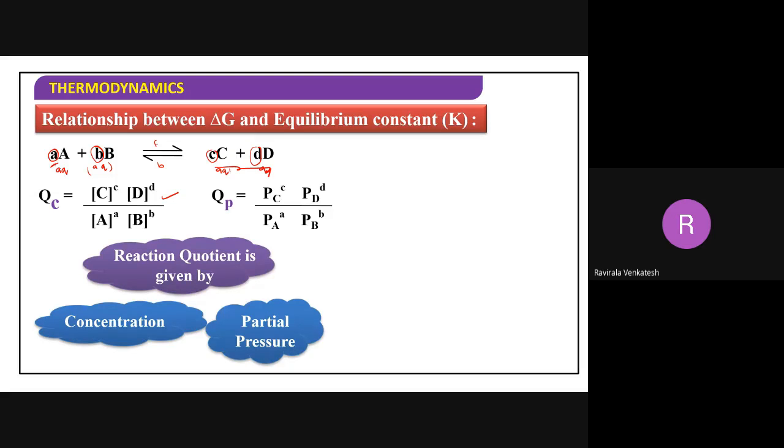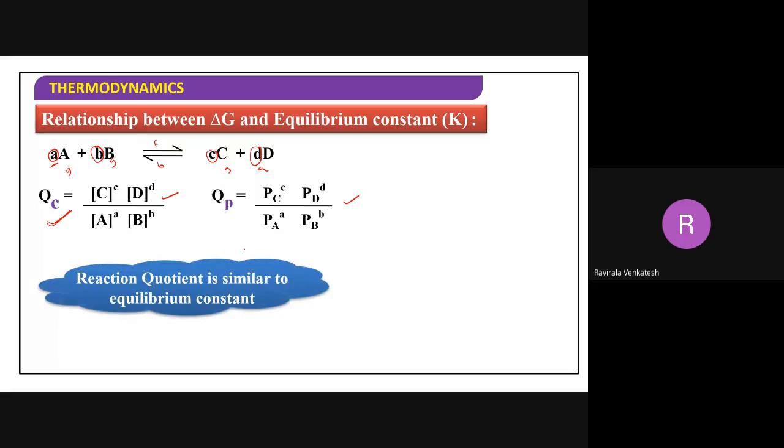If everything is gas here, then take the partial pressure of C, the partial pressure of D with stoichiometric coefficient d, the partial pressure of reactants A and B with their stoichiometric coefficients. So this is for aqueous solution, and this is for gaseous molecules.